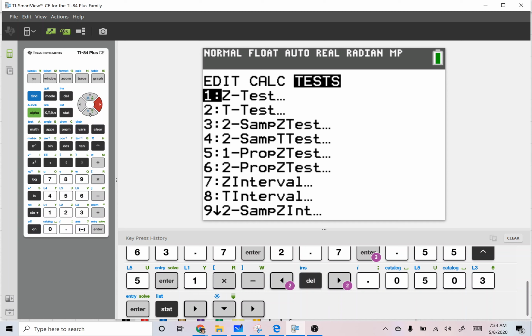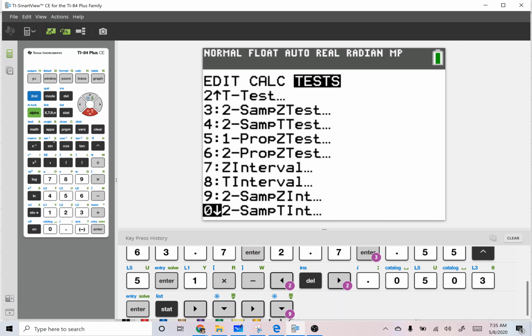Now, just to point something out, if you're doing a test, you're doing a hypothesis test. This is not necessarily a test because this is a, what do we call this? A confidence interval. So we're going to use one of the ones that says int on the side, interval. Now, how do I know this is a one prop z int or t int? Well, I know that because it's giving me a proportion of red and white flowers.